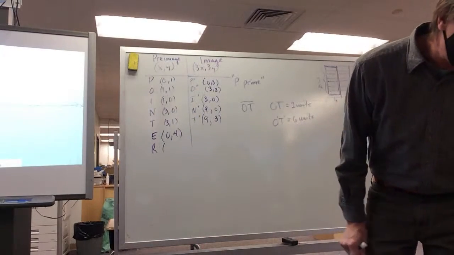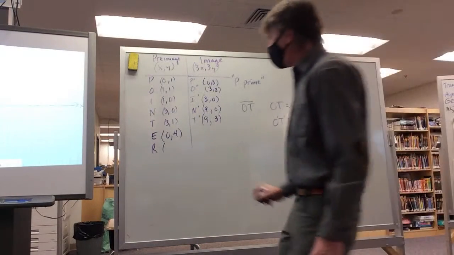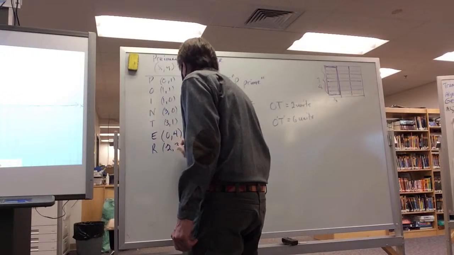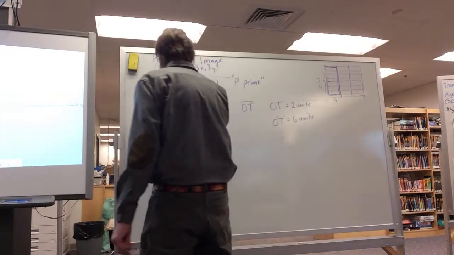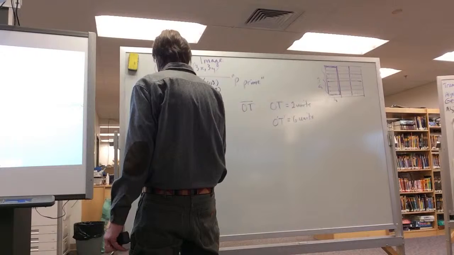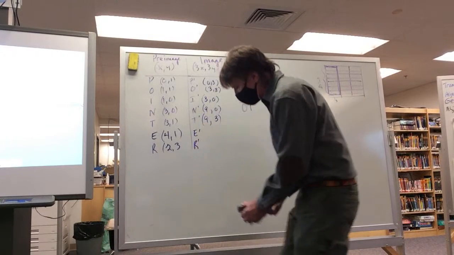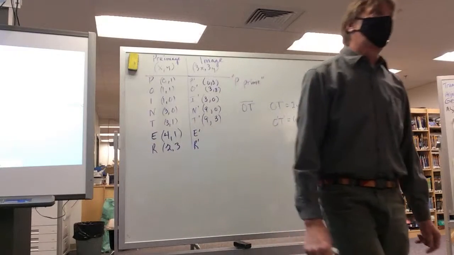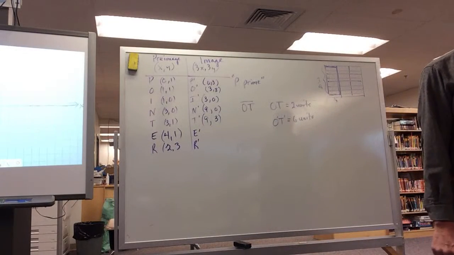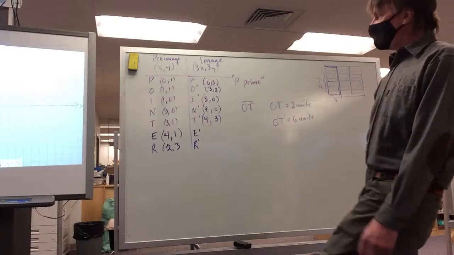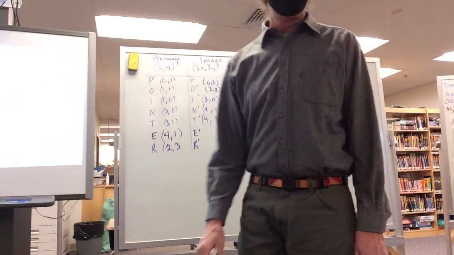So point E should be 4, 1 and point R should be 2, 3. Then we're going to add E prime and R prime. Do we put all of this in our books?